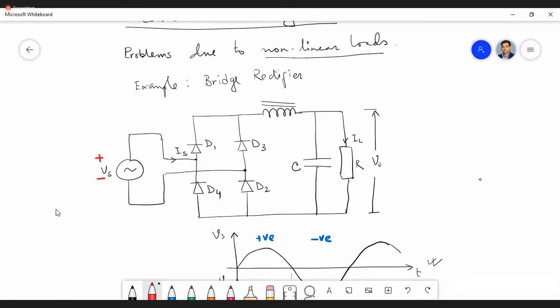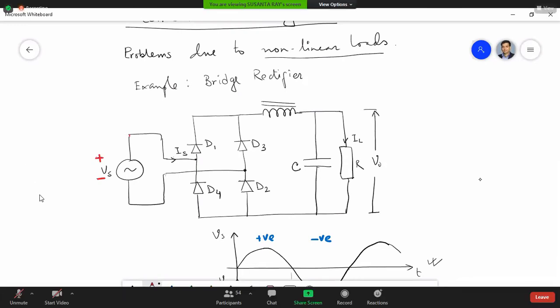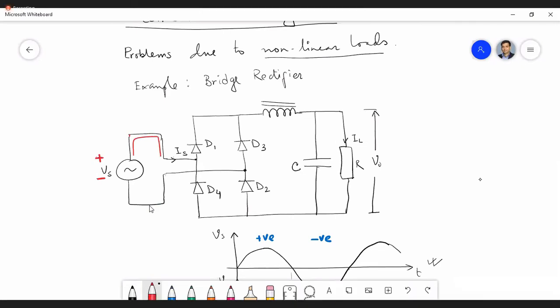Now, can you tell me which two diodes will be active, or forward biased, in that positive half cycle of the supply voltage? D1 and D2. So accordingly, only we have put the names, isn't it?